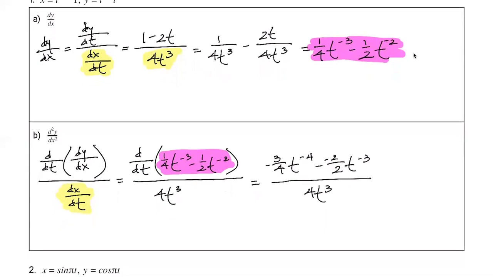I do want to clean this up a little bit. Let's write it with positive exponents, not negative exponents, and we can reduce that 2 over 2. So my denominator is still 4t cubed, but on the top I have negative 3 over 4t to the 4th plus 1 over t to the 3rd.